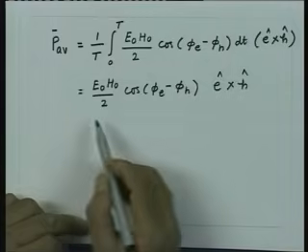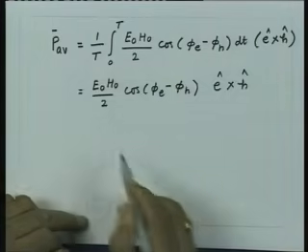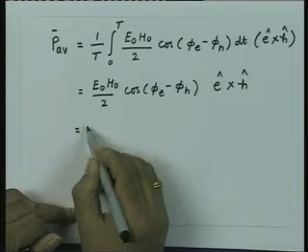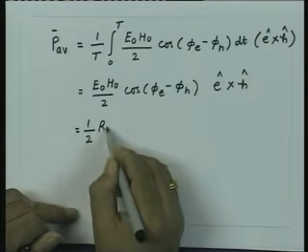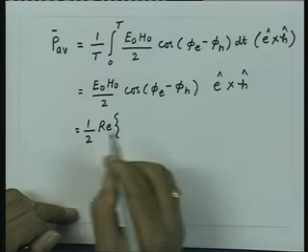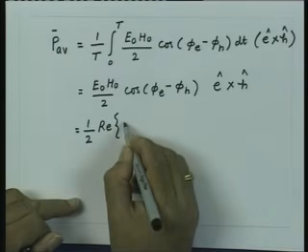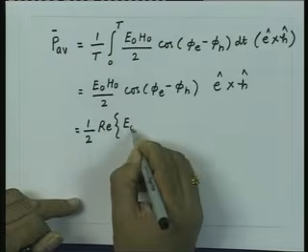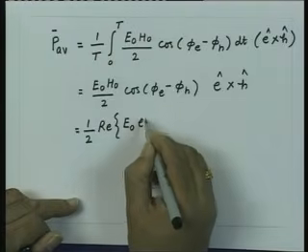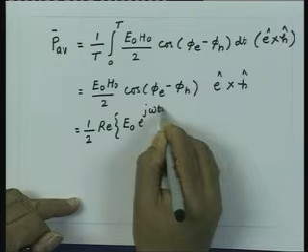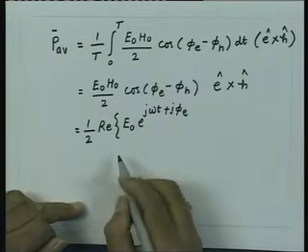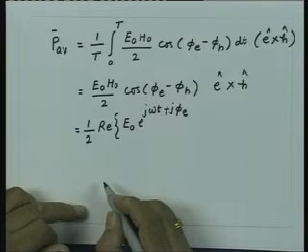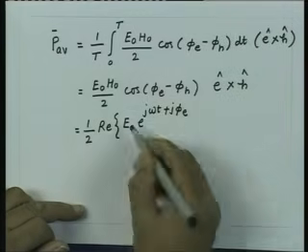So, what we can do is this quantity now can be written as half of real part of E 0 e to the power j omega t plus j phi E and take the vector with this.